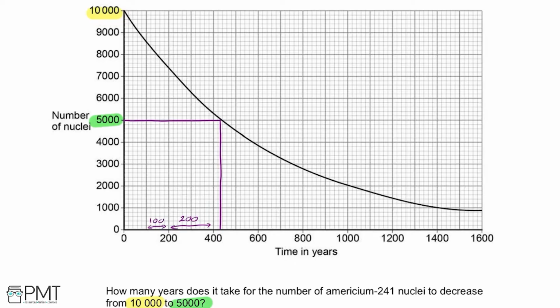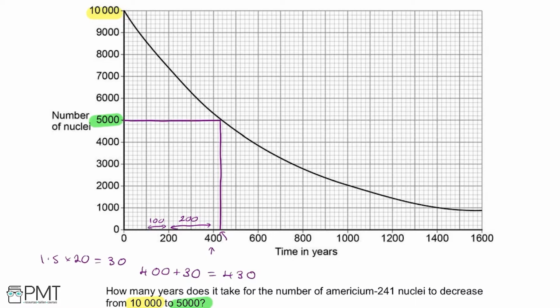So if we count, we can see that we've got 1.5 little squares between 400 and our point here. And so that's 1.5 times 20, which is 30. And we're just going to add that to the 400, which gives us 430. So it's 430 years.